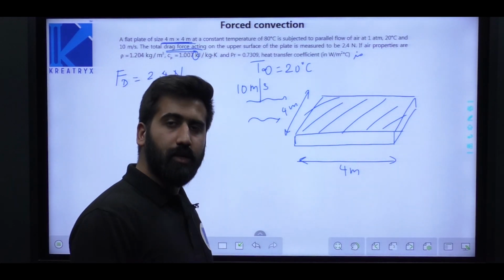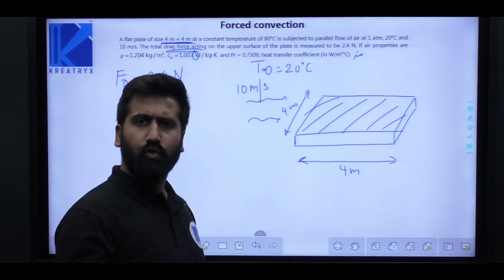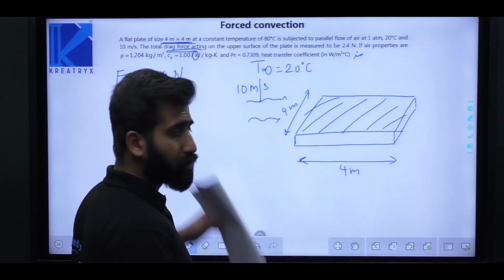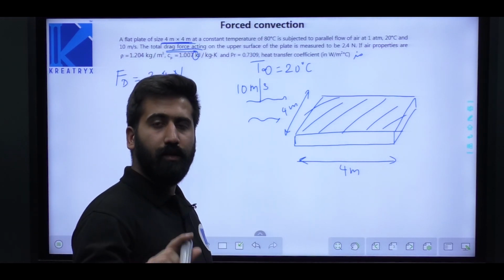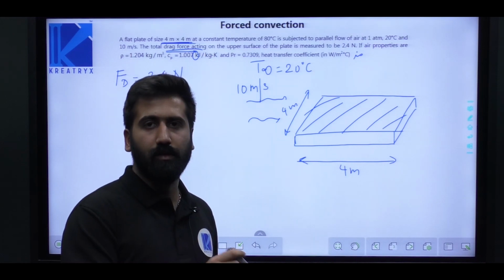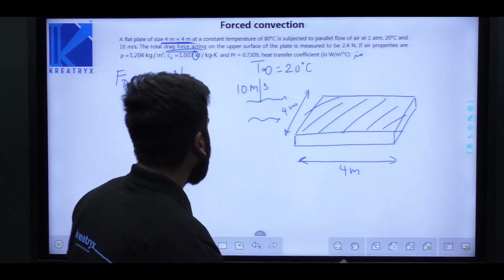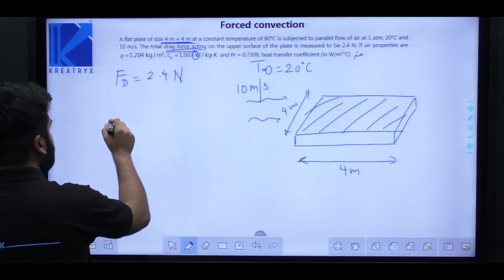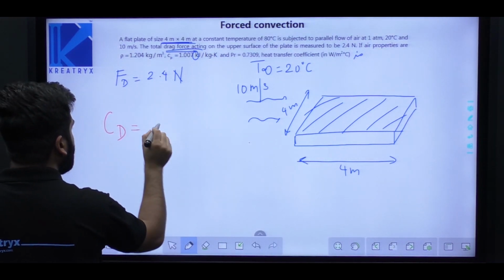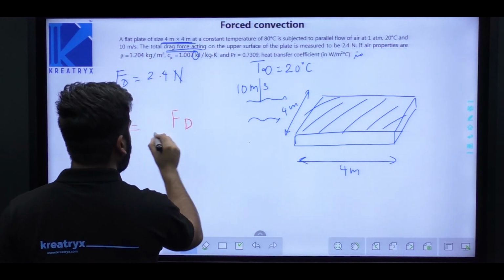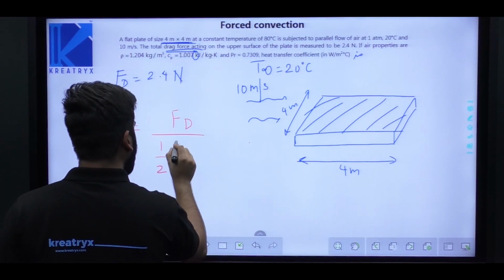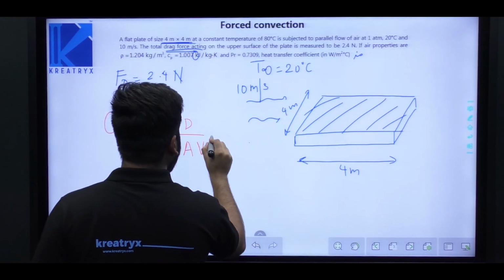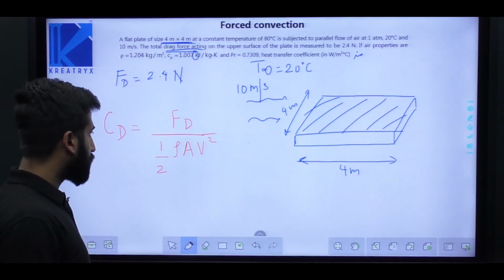We have some expressions related to the drag coefficient and the total drag force that you must have studied in heat transfer. There is one formula: the drag coefficient is equal to the drag force upon half rho A V square.